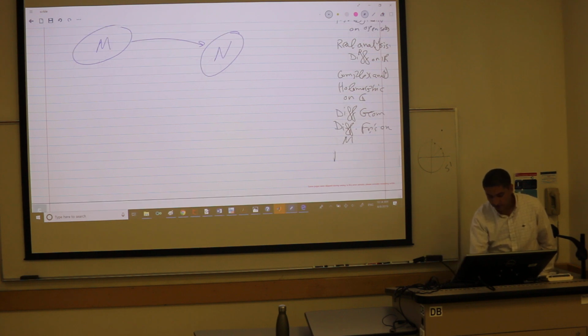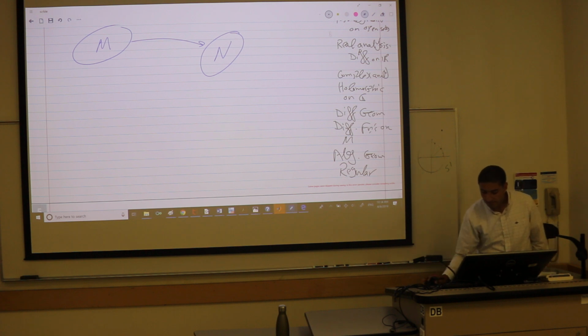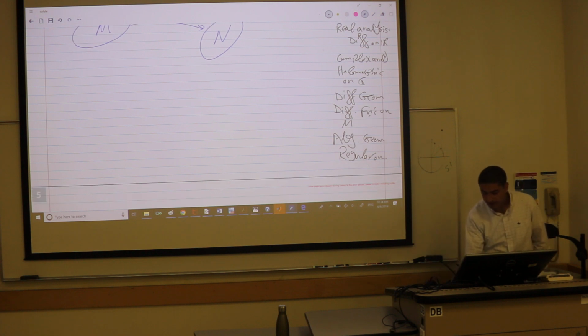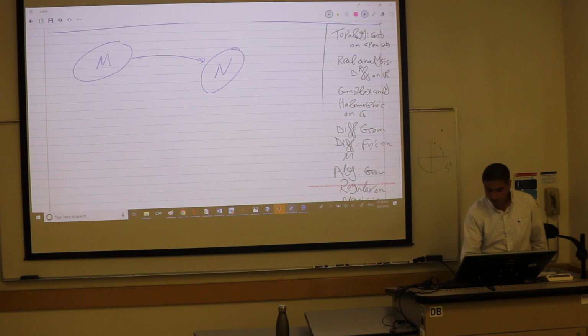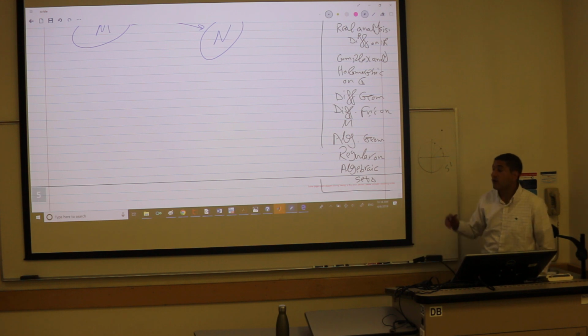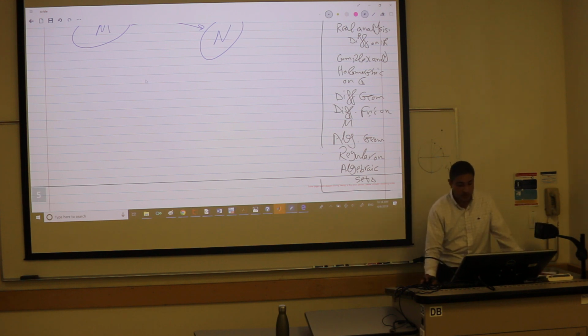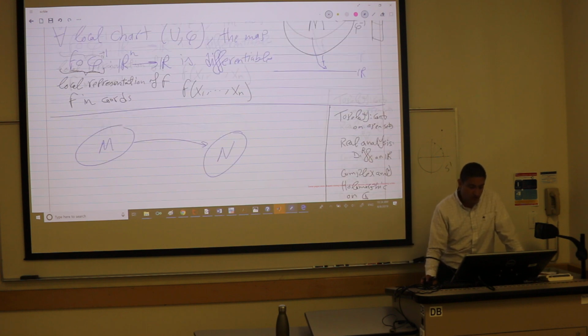In algebraic geometry, for example, you study regular functions, which are ratios of polynomials, on algebraic sets. This is basically what we do. So mostly our course, or at least the differential geometry part of the course, will be mostly concerned with differentiable functions.